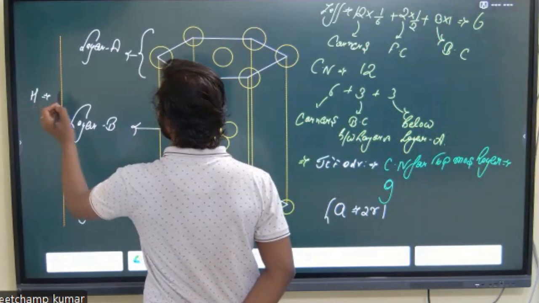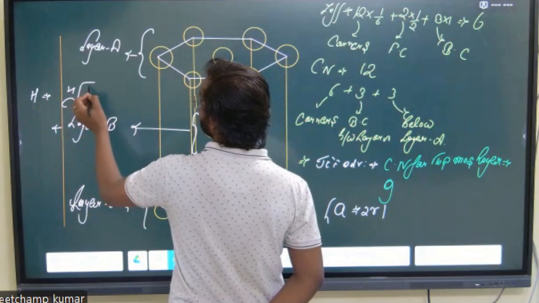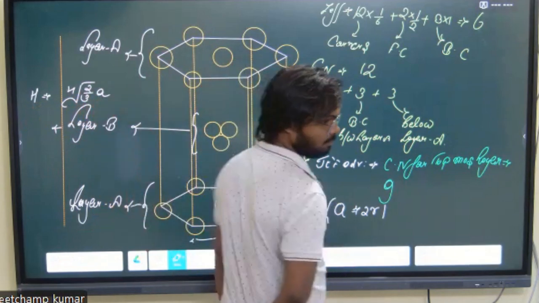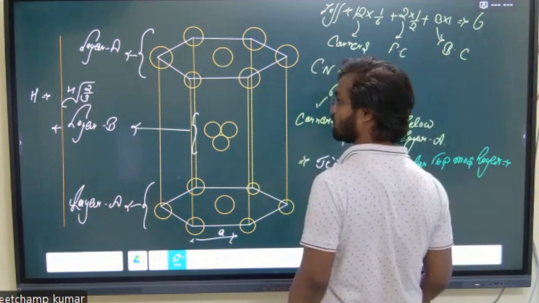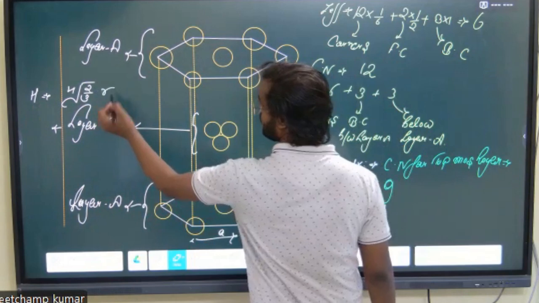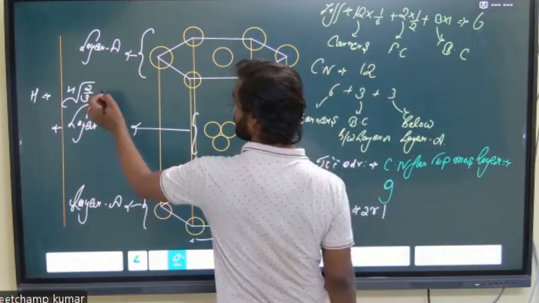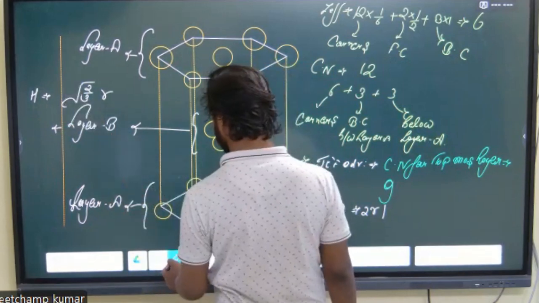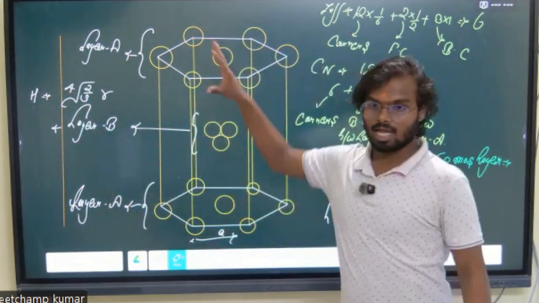The height comes out to be 4 root 2 by 3 R. This height is 4 root 2 by 3 R. This is the height you will get. Okay, I know the height.